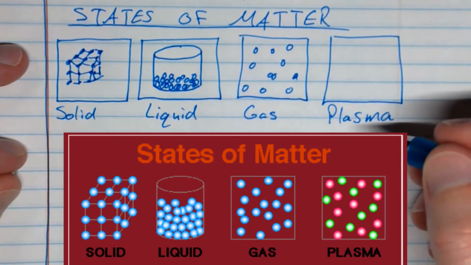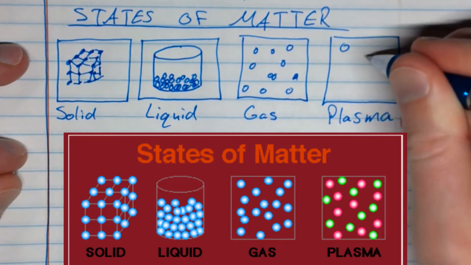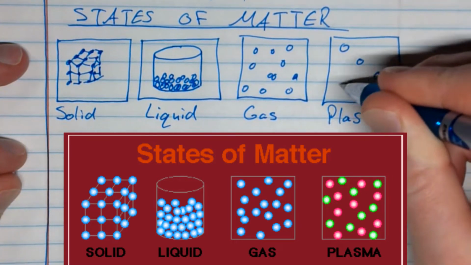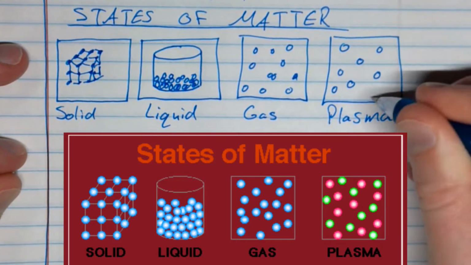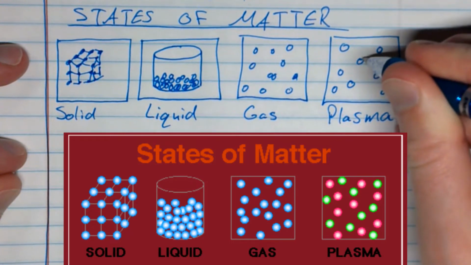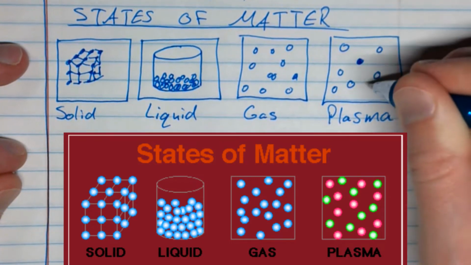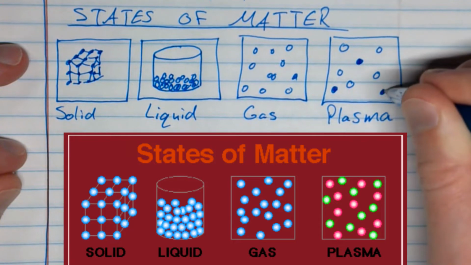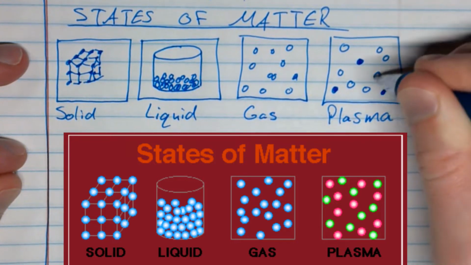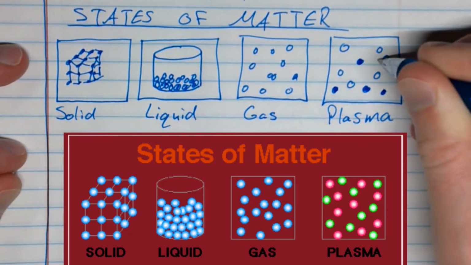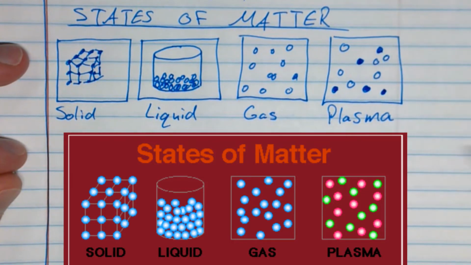And then there's plasma. So for plasma, it's basically a gas, but some of them are charged. So I'm going to color some of them in. And that makes it charged.